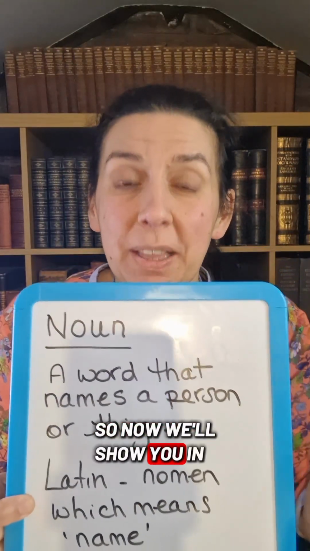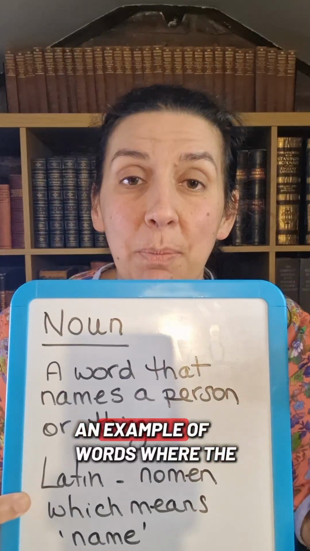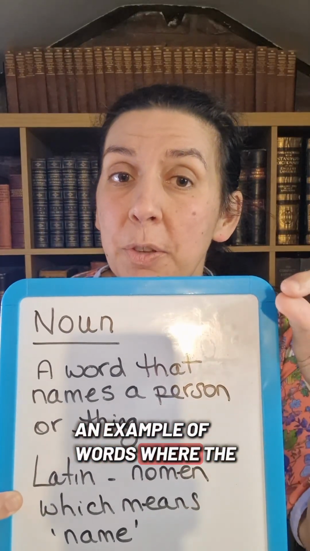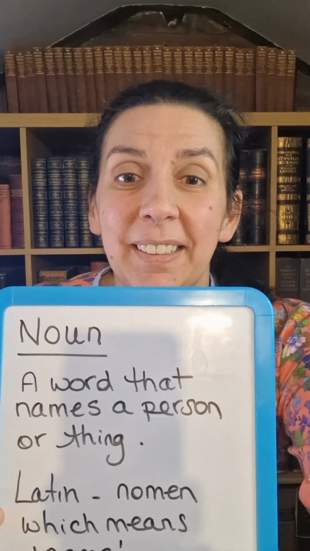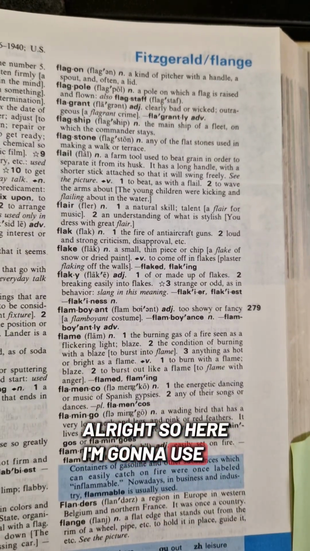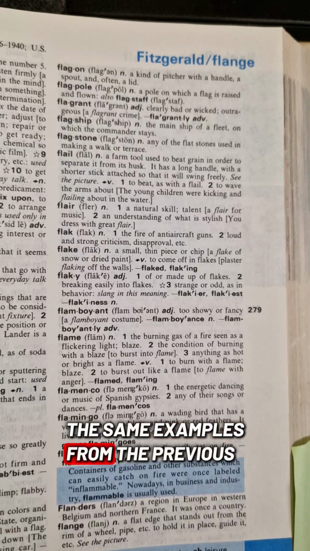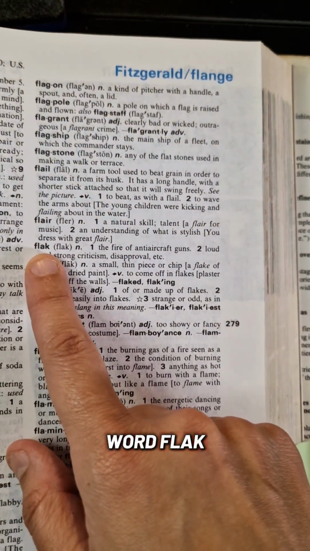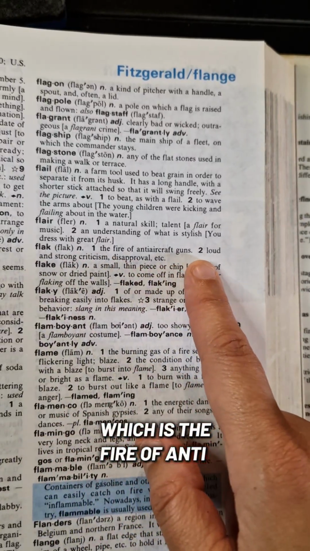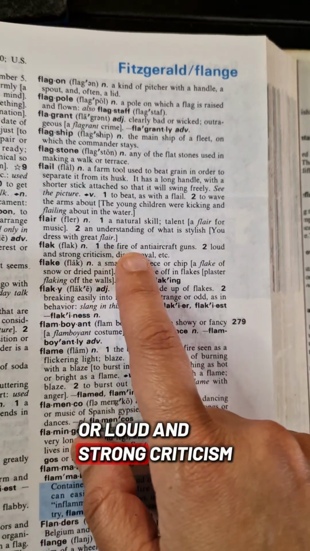So now we'll show you in the Webster's Dictionary an example of words where the job of the word is to name something. All right, so here I'm going to use the same examples from the previous post. Let's have a look at the word flak, which is the fire of anti-aircraft guns, or loud and strong criticism.